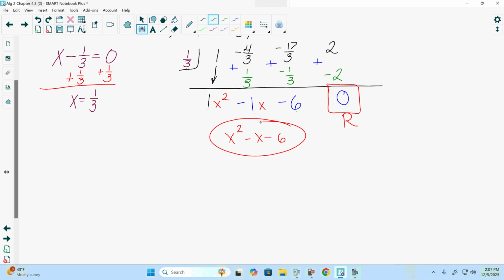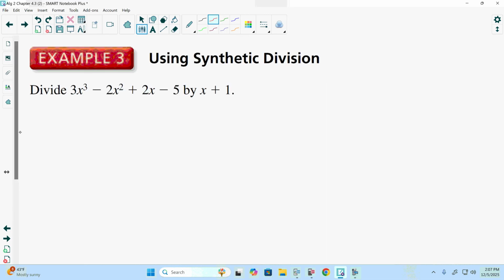Now, if you've noticed, every single problem we've had up to this point has had a remainder of 0. So the reason I was saying I'm going to do 2 more, I do want to do at least 1 where we do have a remainder other than 0.